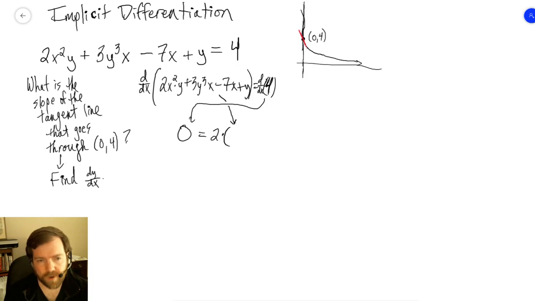So, product rule, you say x squared, we take the derivative, it's going to be 2x, the 2 drops down because of the power rule. And then we have y, which remains. Then we get plus, this 2 is already here, x squared times the derivative of y with respect to x. So this is dy dx.